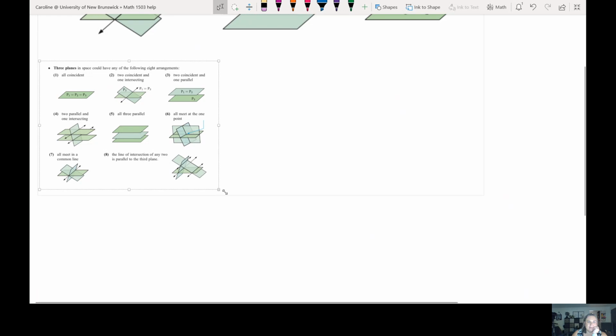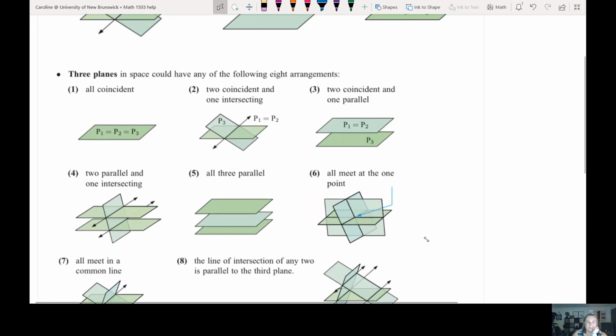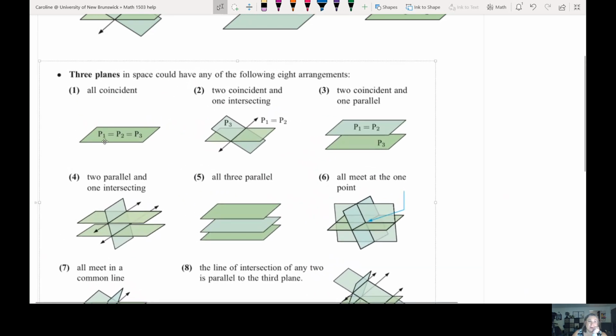Now, if you have three planes, let's look at the different options, and we explored a few of those. They could all coincide. So then every point on the plane or any of those three planes would be a solution. Two could coincide. So here it says plane 1 equals plane 2, so we can't sort of see that, but the two coincide and one doesn't.